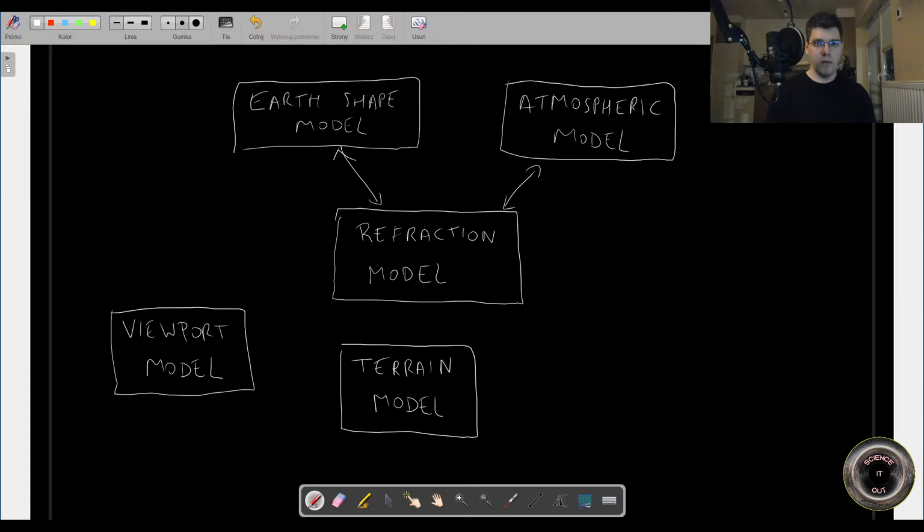And when the simulator creates the image, these parts actually interact. The refraction model takes care of how the ray is bent and how it travels through space, but then at every step of calculating the ray, the simulator needs to check if the ray intersected the terrain or whether it didn't. If it intersected the terrain, then we have a hit and we know how to color the corresponding pixel in the image.